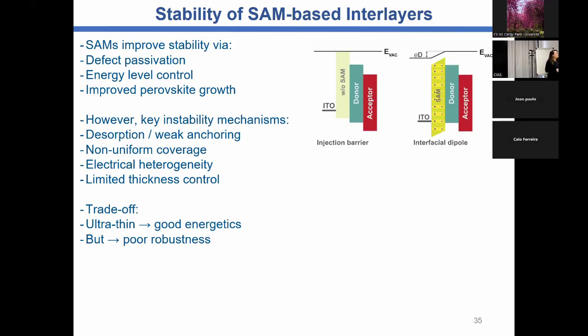In terms of the bottom layer, you can improve the perovskite growth. So if you improve perovskite growth, it will reduce the charges that are free to move in the perovskite and accumulate at the interfaces.